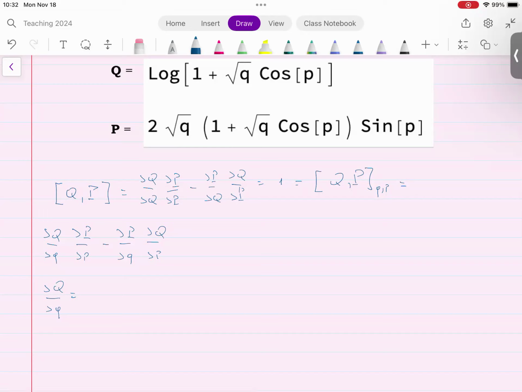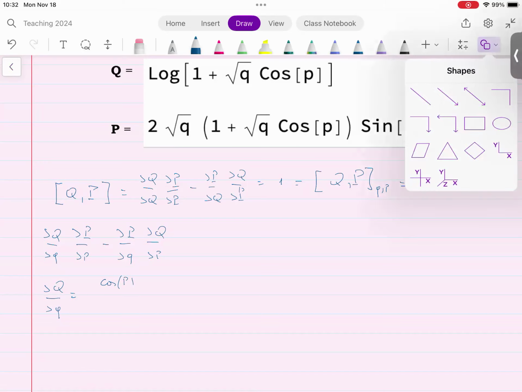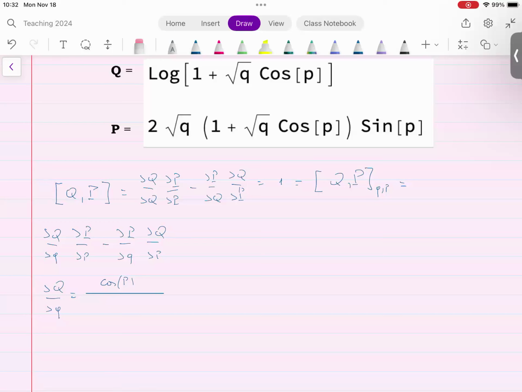So putting the pieces together, I get that this derivative is the cosine of p, divided by 2 square root of q times 1 plus square root of q cosine of p. I'm going to drop the brackets shortly.